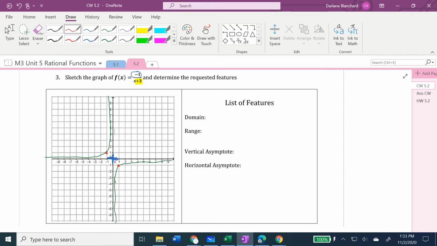So the +3 is with the x. When it's with the x, it horizontally moves it. There we go. Thank you. We're going to move left 3 units because we always do the opposite when it's horizontal to the operation.